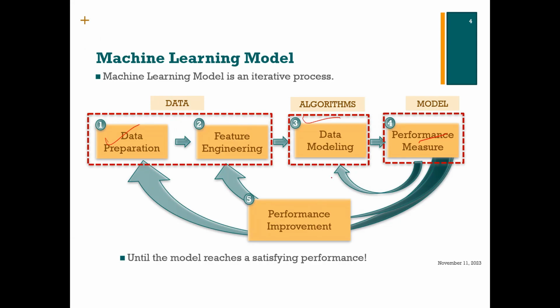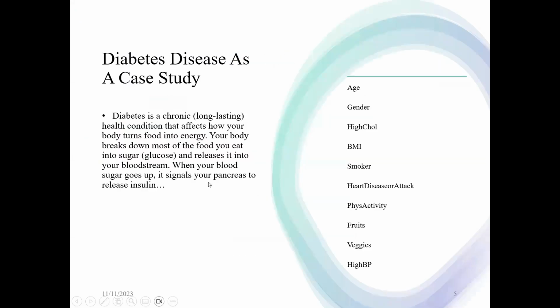There is always room for you to go back and improve upon what you have done. We also discussed a few cases of samples, like diabetes disease modeling, which is a very important issue in our community today, all over the world.